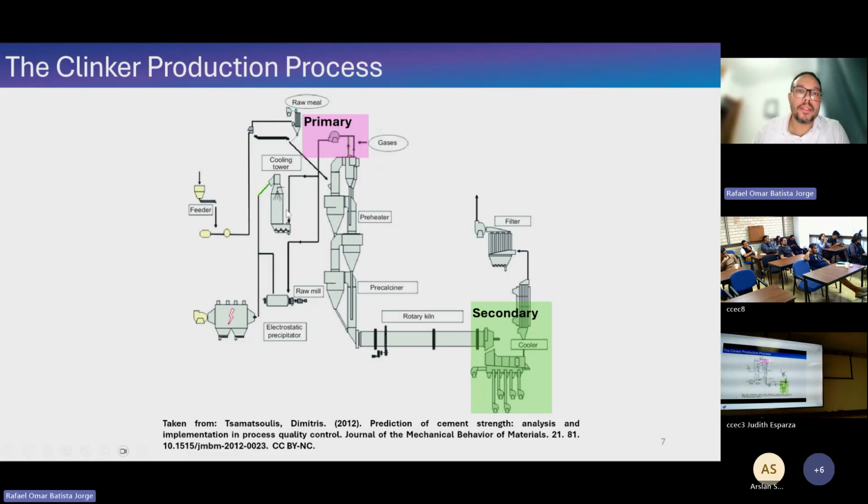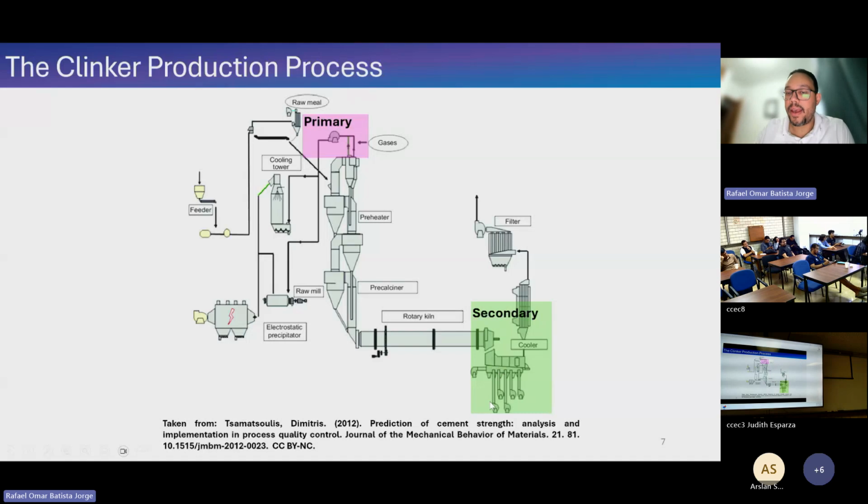Before going into the cooling tower, and this is the part on which there is a filtering process, so the particulates coming from the process can be discharged without hurting the environment. And also here we have the clinker. The clinker is coming very hot.